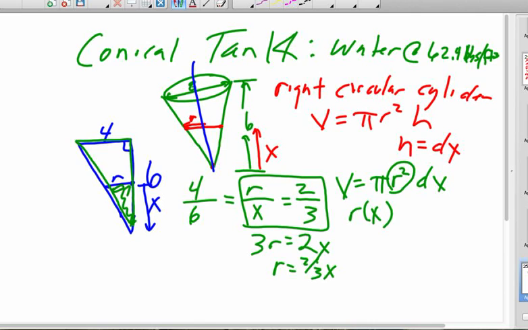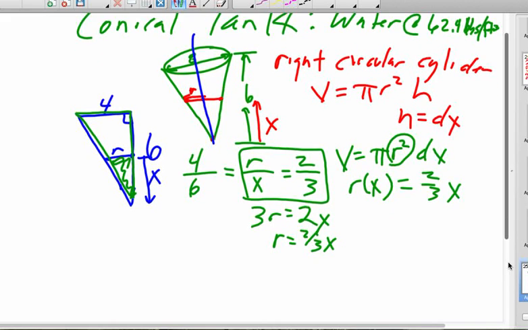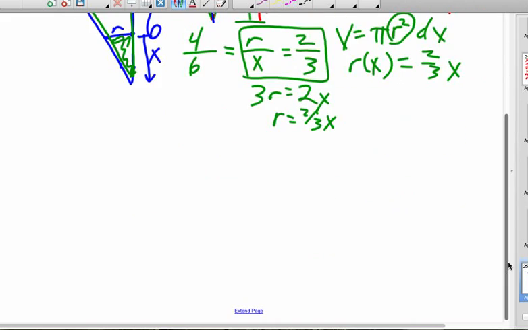And I'm going to substitute, so my r of x is going to equal 2/3 x, and substitute that back in for my volume.